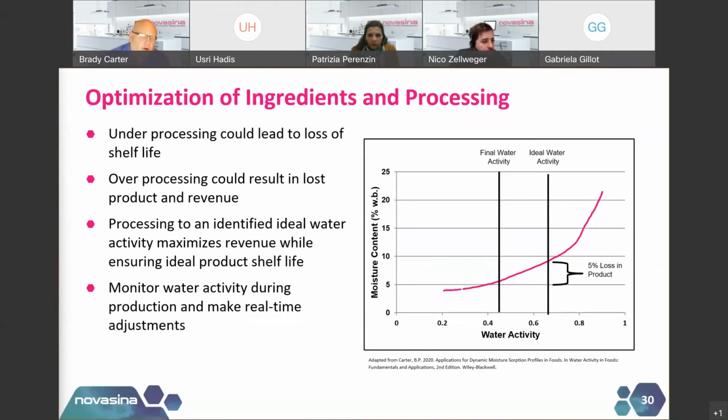And so it's really important to, again, identify what is that ideal water activity, and process until you get to that ideal water activity, and not over process where you're going to lose, in this case, 5% of your product, just by over processing, thinking that you're making the product better by putting it at lower water activities, when in reality the ideal water activity would be at a higher value, because you're trying to account for all the things that water activity could potentially impact.